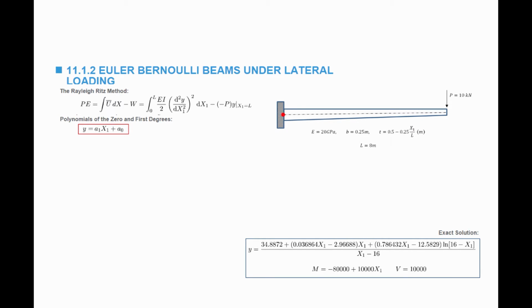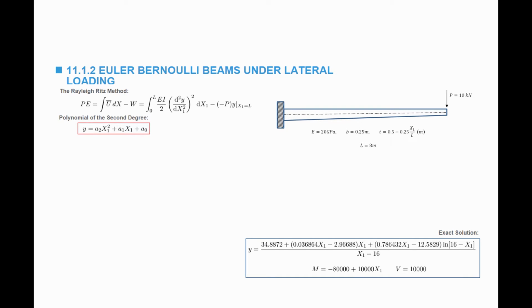And you can see that to satisfy both, you'll have to get that A0 and A1 both are 0. These are the two boundary conditions: at x1 equals 0, y equals 0, and at x1 equals 0, the rotation equals 0. And so the approximate solution would have to be equal to 0, which will automatically be rejected.